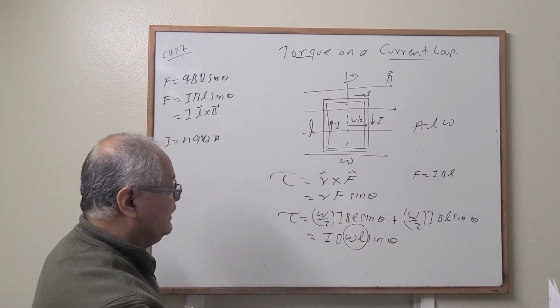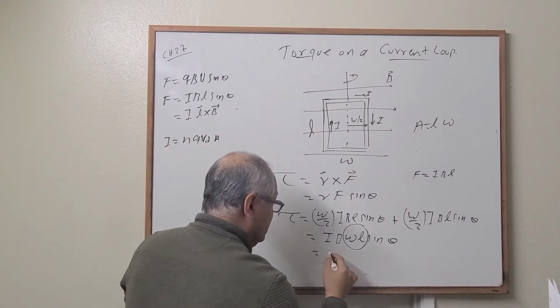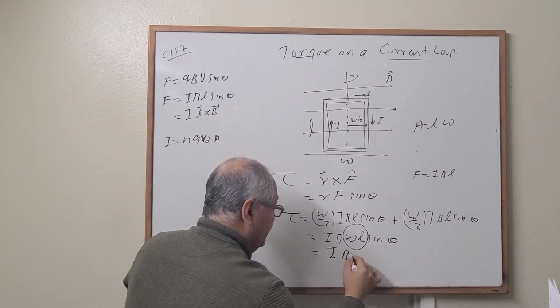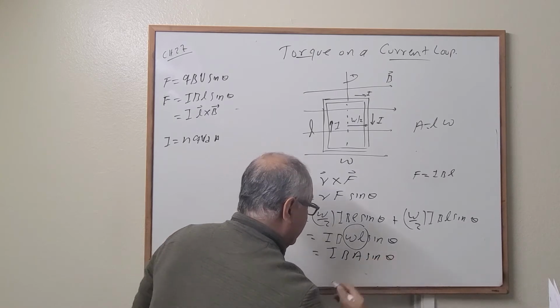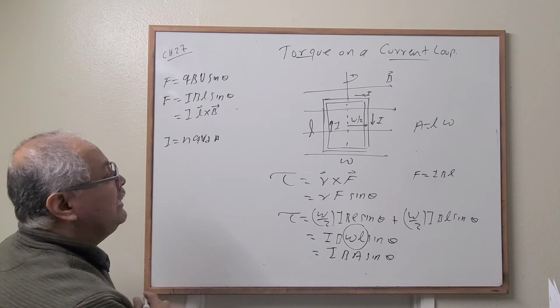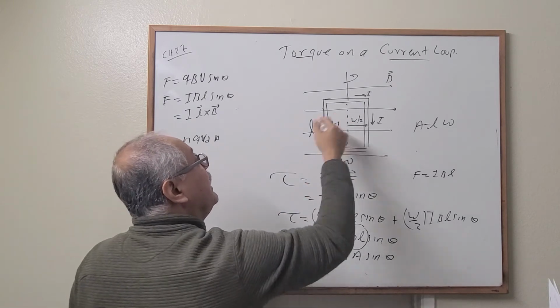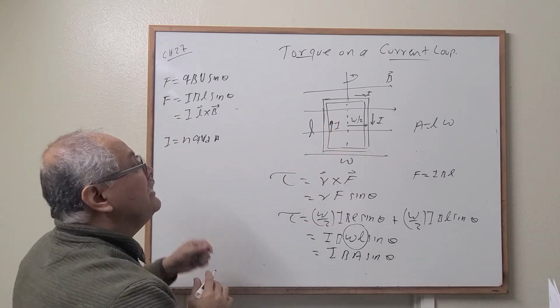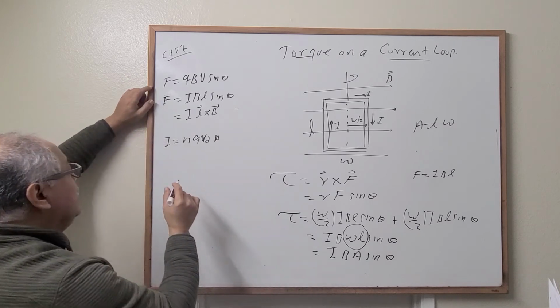From here we can say that it equals current times magnetic field times area times sine theta, and this is the torque acting on any loop with a current.